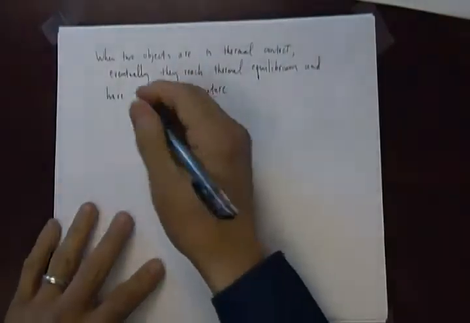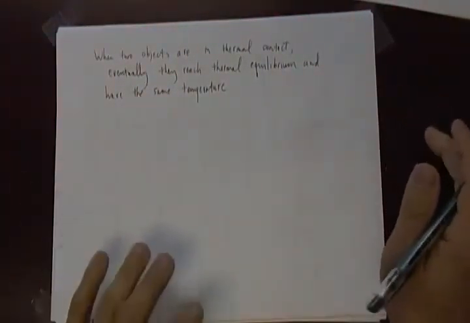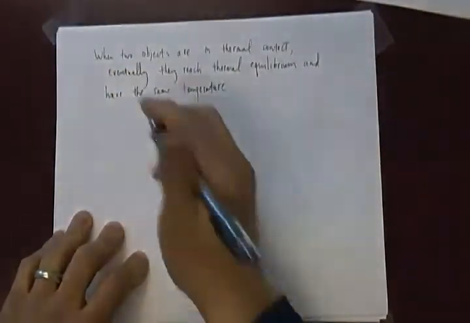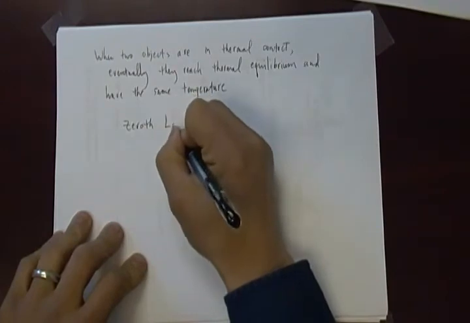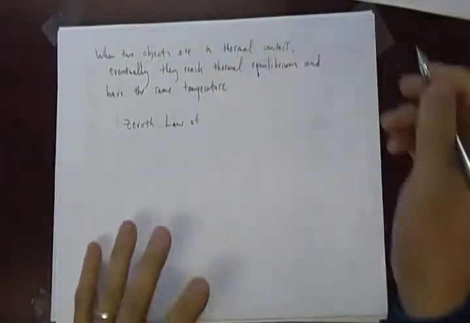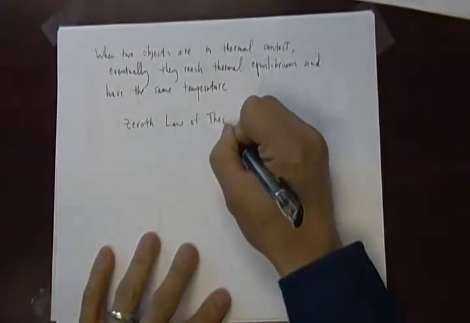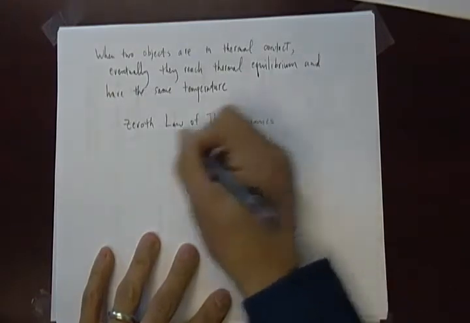Now, the next thing I want to talk about is kind of obvious, but at the same time it goes by an interesting name, and I want to mention it briefly. If you ever hear people talking about the laws of thermodynamics, you'll hear this quite a lot. It's called the zeroth law of thermodynamics.